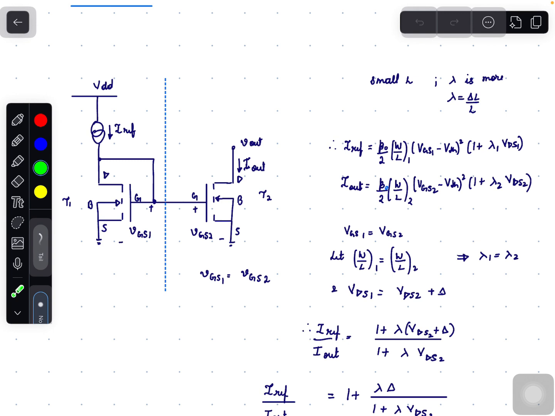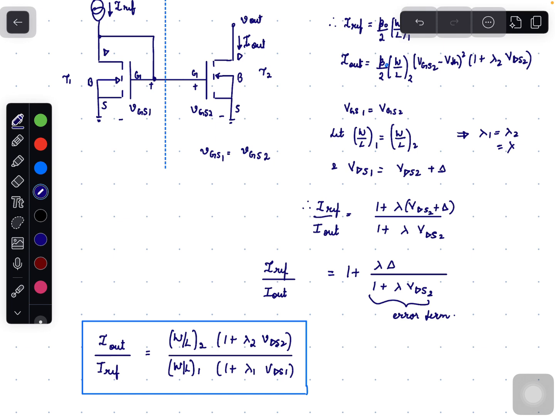When we divide IREF by Iout, the β0/2 and W/L terms get cancelled, the (VGS − VTH) whole square term gets cancelled, and we are left with (1 + λ(VDS2 + delta)) by (1 + λ VDS2).